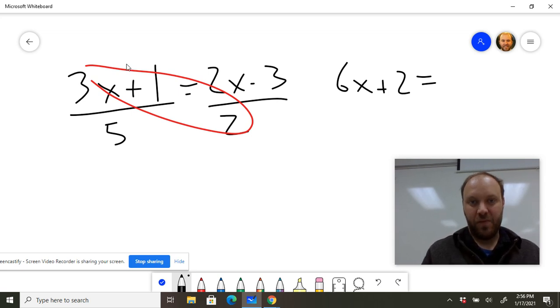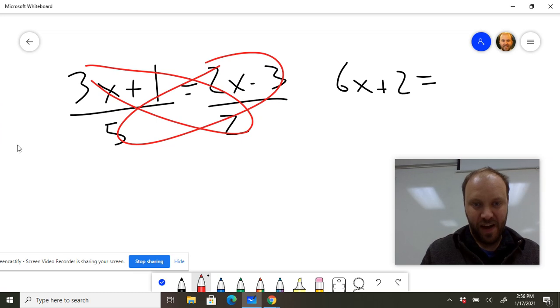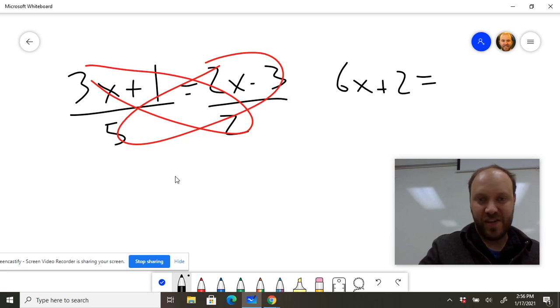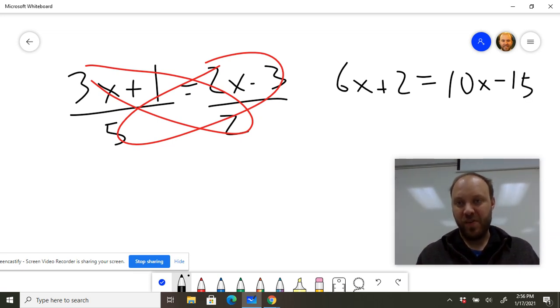And then set that equal to the cross product going the other direction. And same thing, technically it's 5 times the quantity 2x minus 3, but I prefer just to multiply both values by 5. So 5 times 2x is 10x, and 5 times negative 3 is negative 15. And from that point, we should be able to solve the equation and get this to work out pretty nicely.